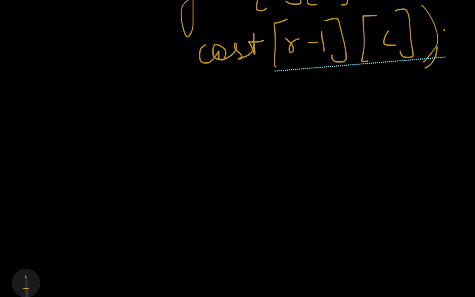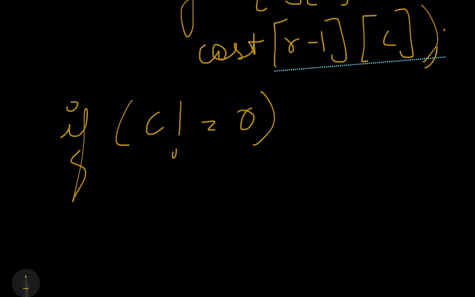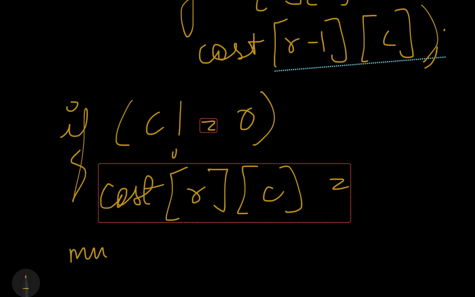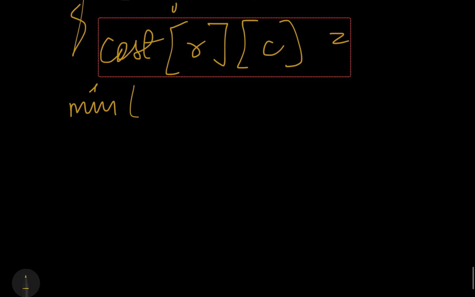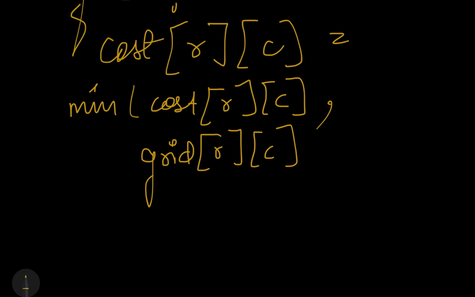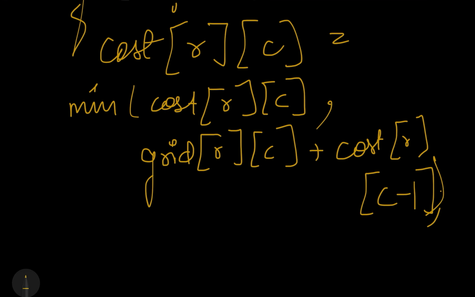And similarly we'll move from left. If c is not equal to 0, cost of r c is equal to minimum of cost of r of c, comma, grid of r of c plus cost of r of c minus 1.